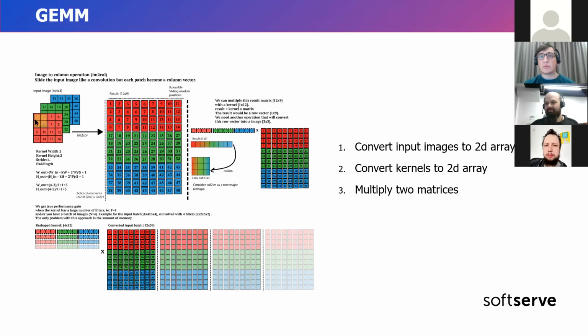Also, we transform the kernel to a one-dimensional array. So here we have a small kernel and we have the image transformed to 2D, and we perform matrix multiplication, just one single matrix multiplication, and receive a one-dimensional matrix, which we then convert to the required shape and receive the output.